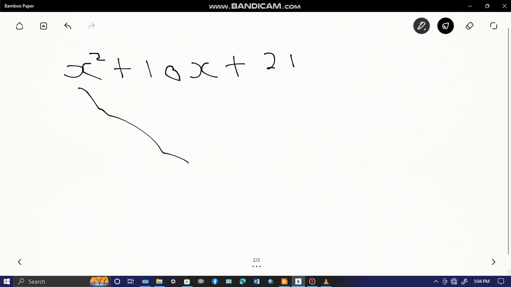So we have to multiply x squared and 21, which will give you 21x squared. After multiplying, you're supposed to find factors of 21.